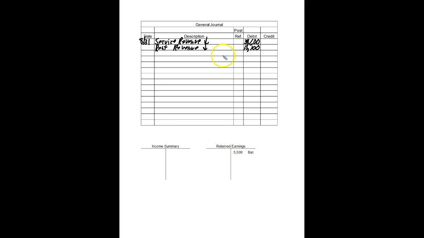Now, I need some sort of account to take it to. So we're going to create a temporary account called income summary, and it's only used for closing. I need a credit to balance, so I'm just going to credit the account. I'm going to plug it and make it work. Notice I'm not putting an up or down arrow because I just need a credit, and income summary doesn't have a normal balance, debit or credit.